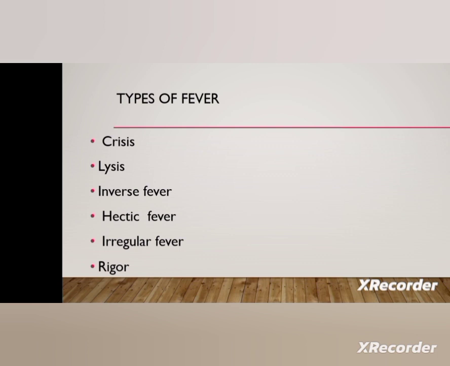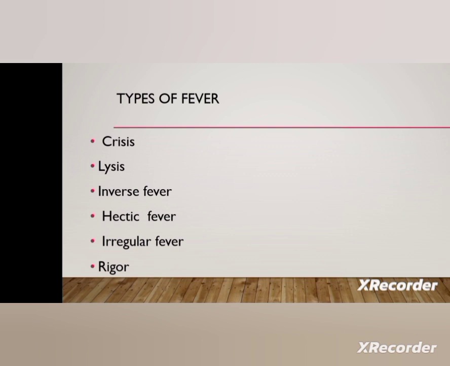Next one, hectic fever or the swinging fever. Hectic or swinging fever means the difference between the high and low point is very great. That type of fever is known as hectic or swinging fever. For example, when we are assessing, the highest temperature is 105 degrees Fahrenheit and the lowest point will be 98.6.